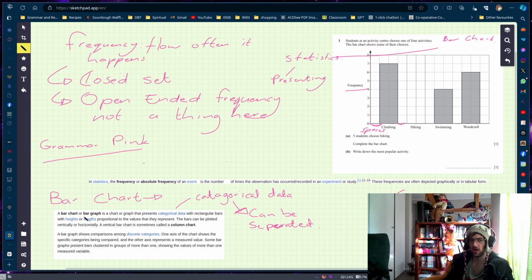Both are bar charts, but it might be called the column chart if it's vertical. So it shows comparisons among discrete categories, and we can explore discrete categories at a later stage. One axis of the chart shows the specific categories being compared, and the other axis represents a measured value. So here this is the category, and here we've got the measurement.